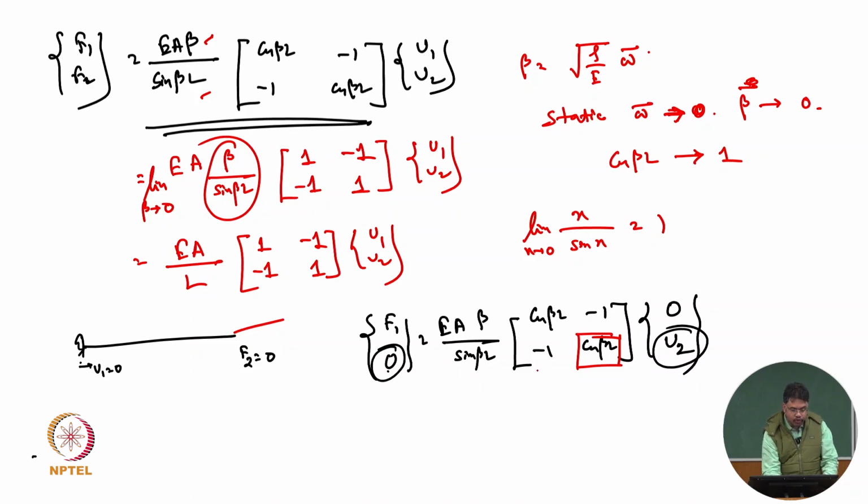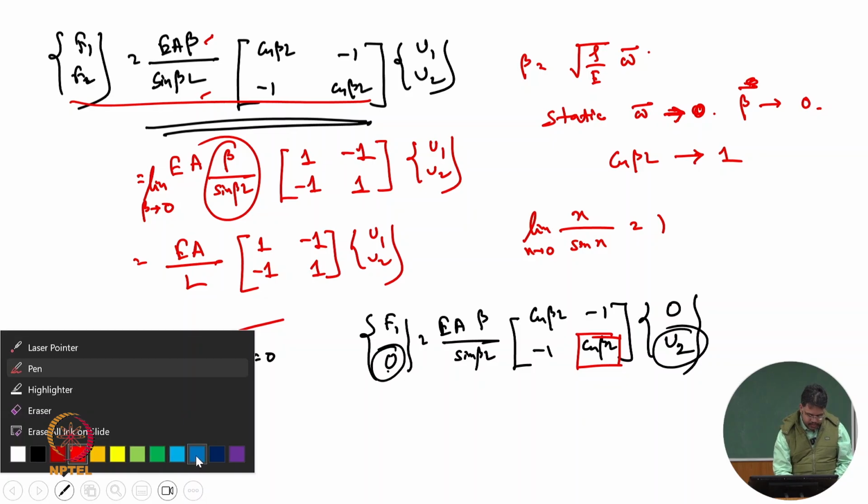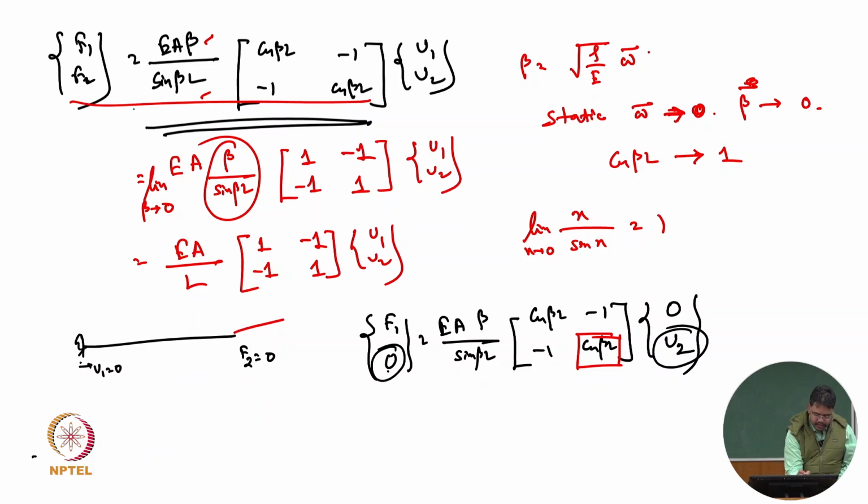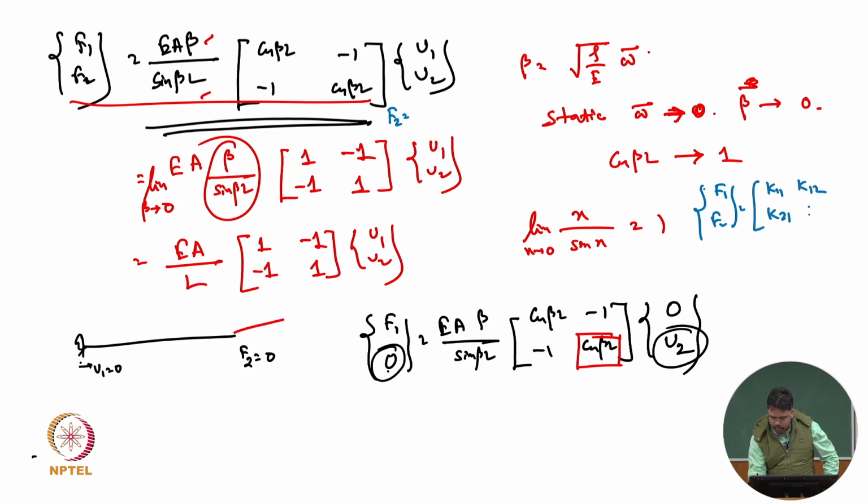If I write the last row, with F1, F2 equal to K11, K12, K21, K22 times U1, U2, then F2 will become K21 times U1 plus K22 times U2.